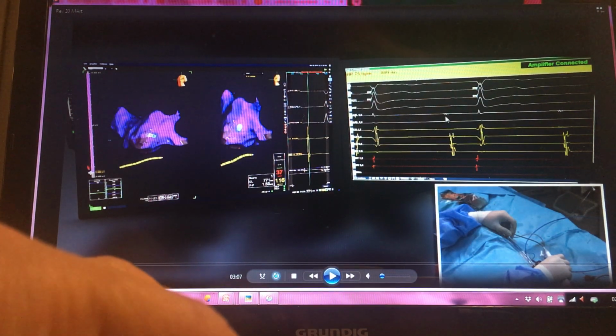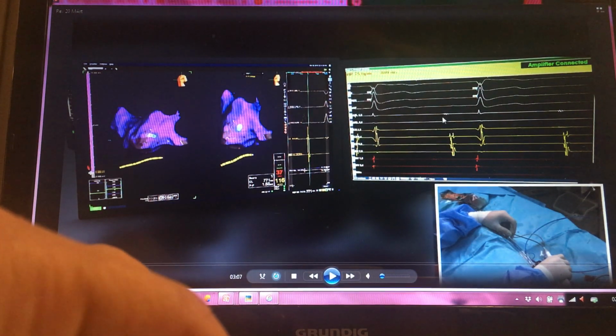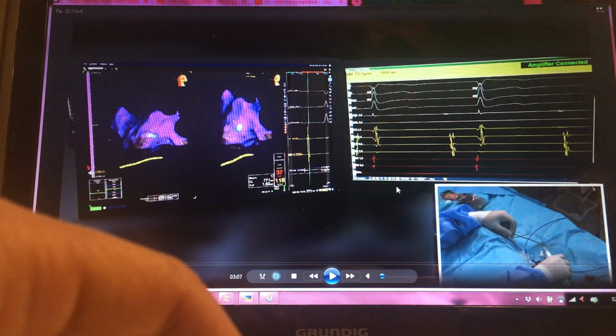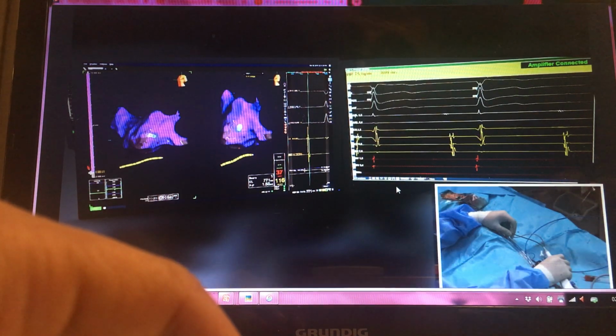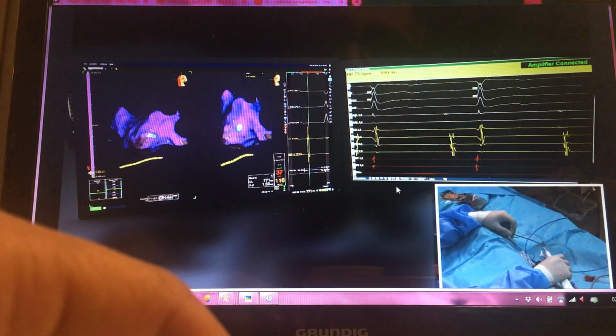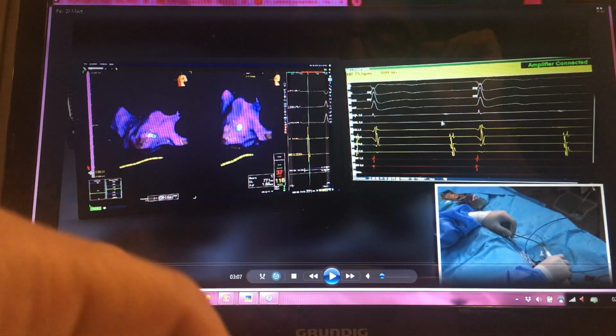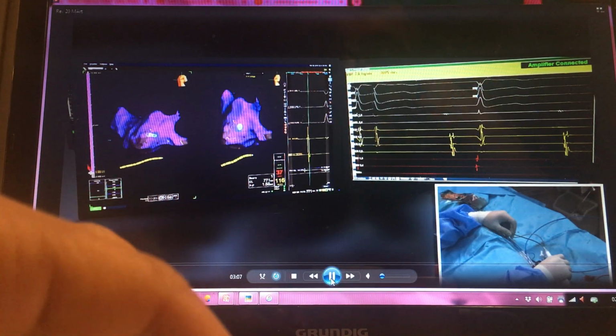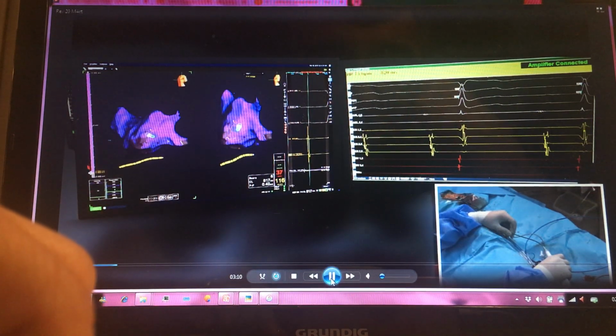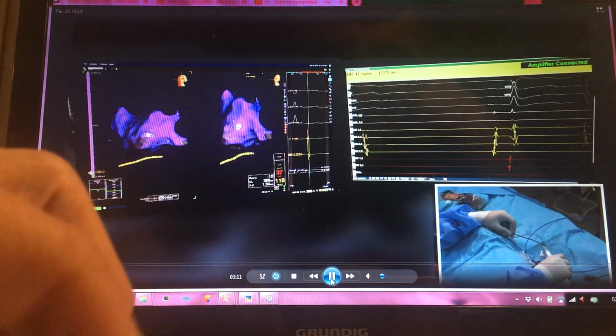You can see fragmented potentials at that site, but before mapping there, you should take care that if your catheter causes any perimeter atrial contractions, you can see fragmented-like potentials.